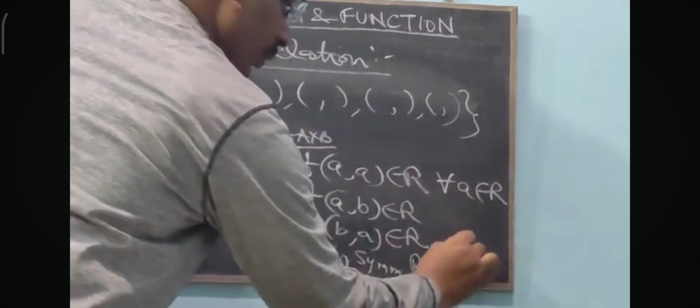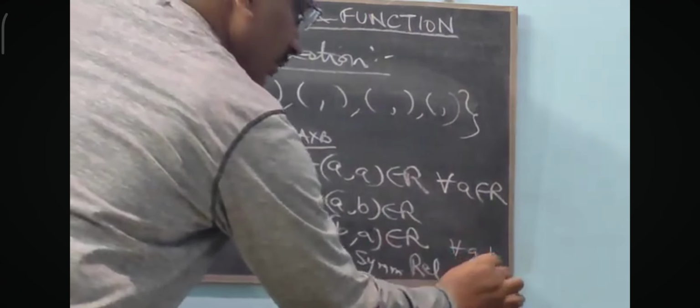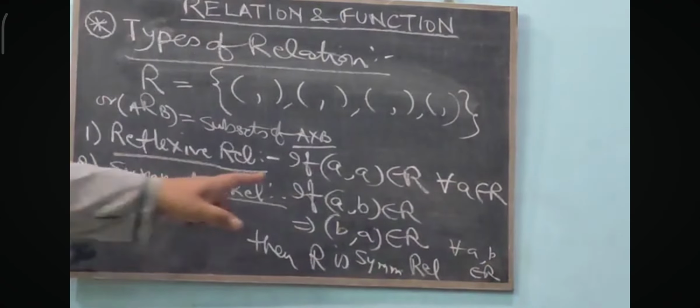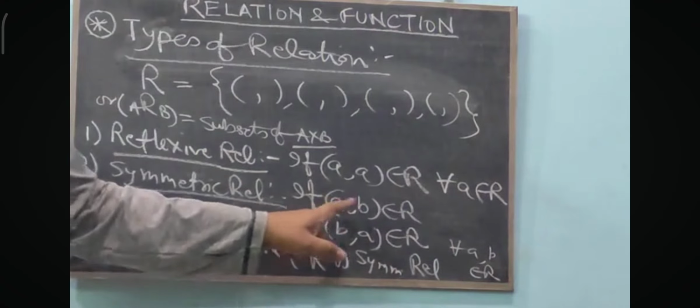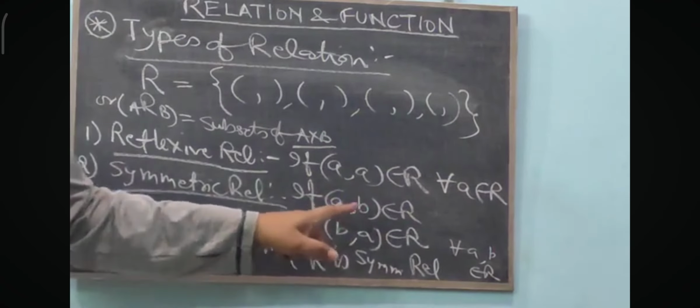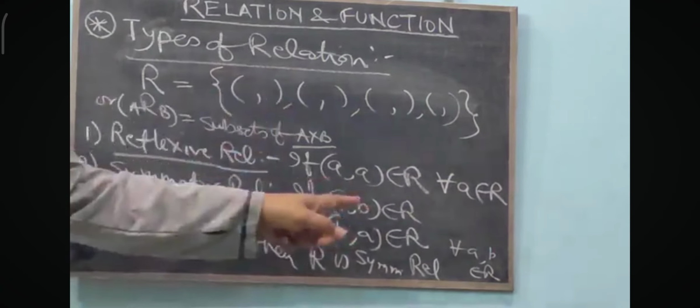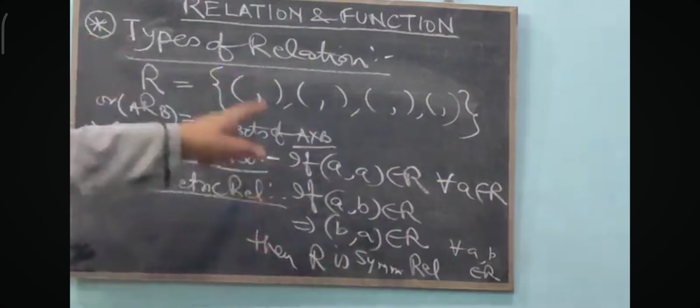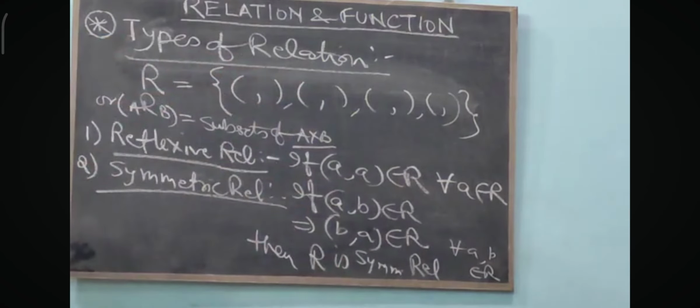And remember, for all A and B, both must belong to R. So this is the if condition. A comma B means both the numbers should be different. Remember this. And its reverse, B comma A, must also belong to R. If that is so, then it is symmetric.